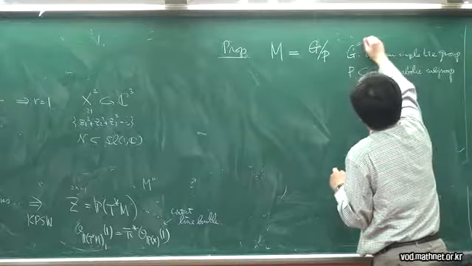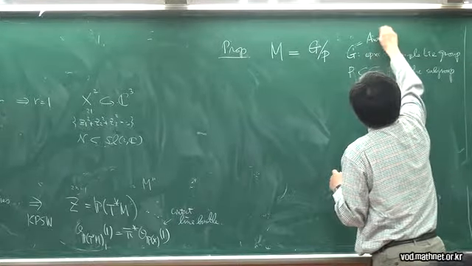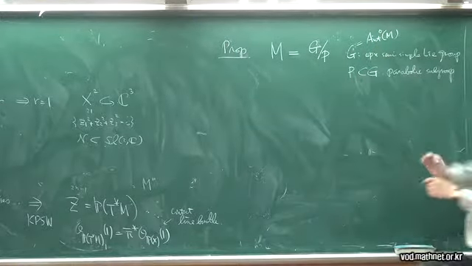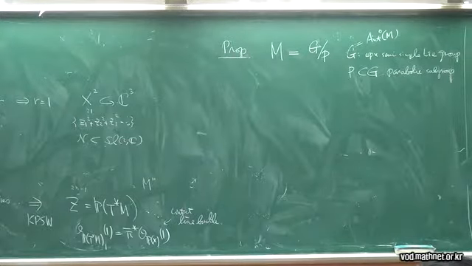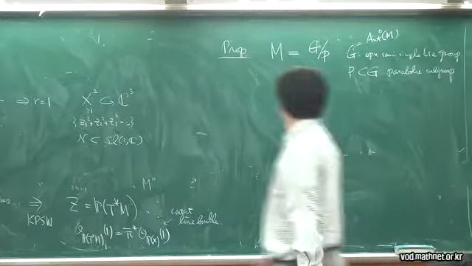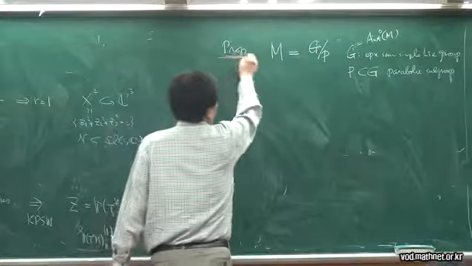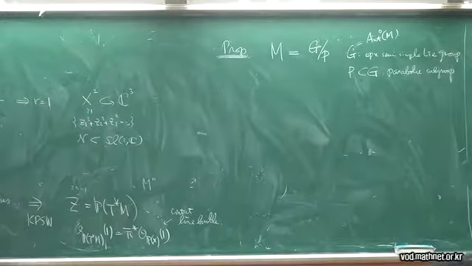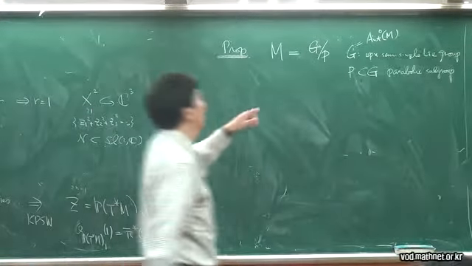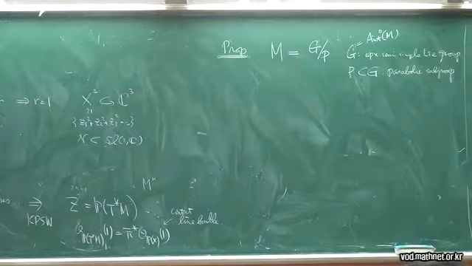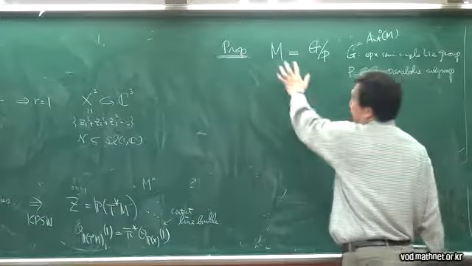G is nothing but Aut M, in this case the neutral component of the automorphism group of M. Actually, I want to prove this. Why is this true? Because this means that M is a homogeneous variety.